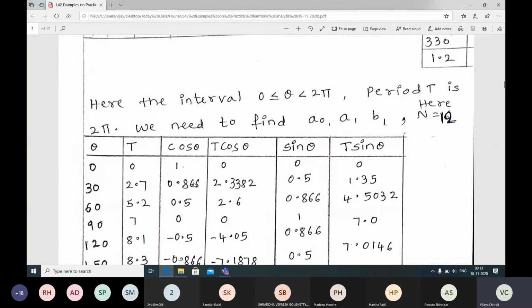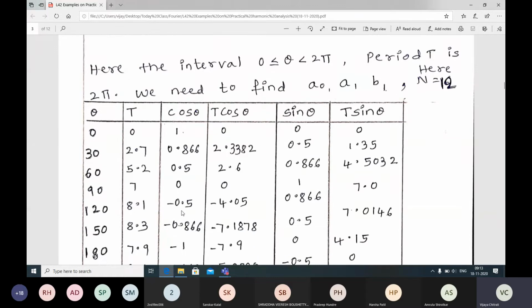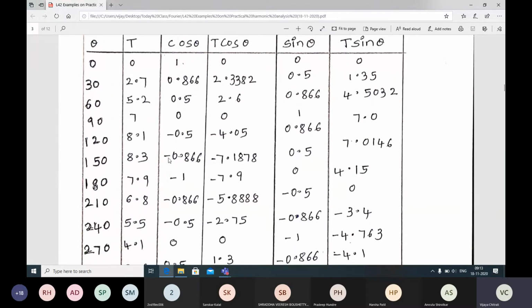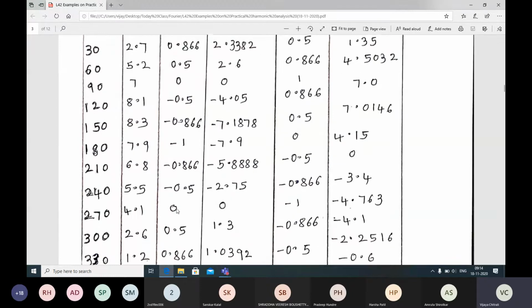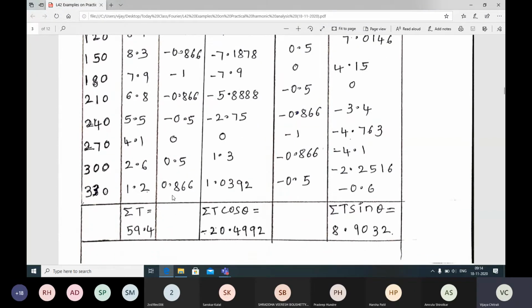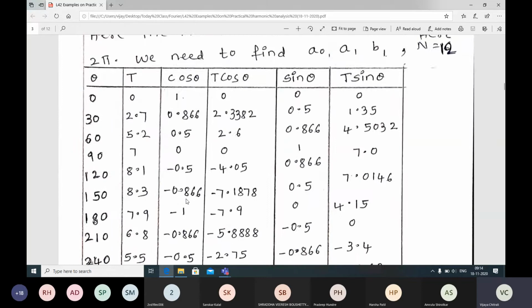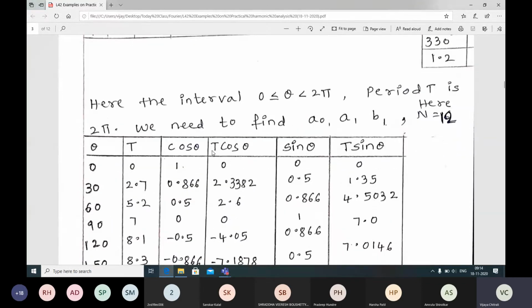So go on substituting 0, 30, 60, 90, and so on: cos 0 is 1, cos 30 is 0.866, cos 60 is 0.5, cos 90 is 0, cos 120 is minus 0.5, cos 150 is minus 0.866, cos 180 is minus 1, cos 210 is minus 0.866, cos 240 is minus 0.5, cos 270 is 0, cos 300 is 0.5, cos 330 is 0.866. Next we want T cos theta.